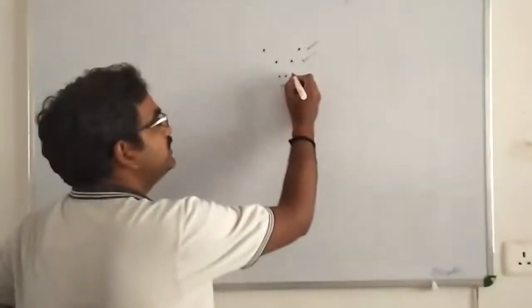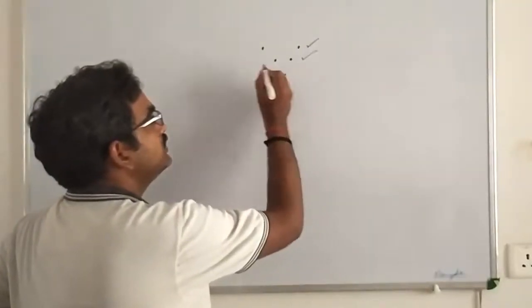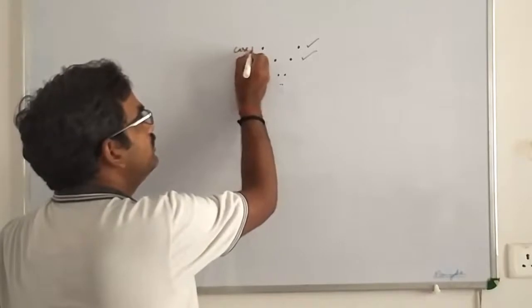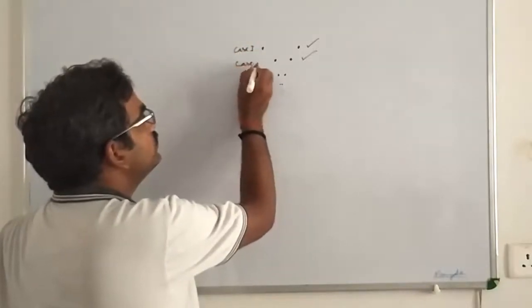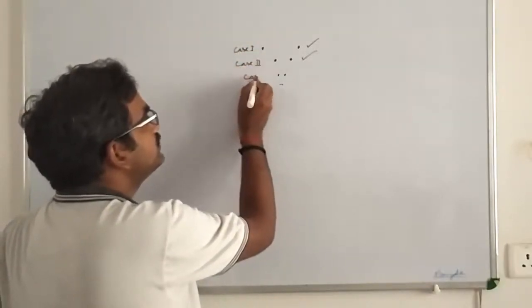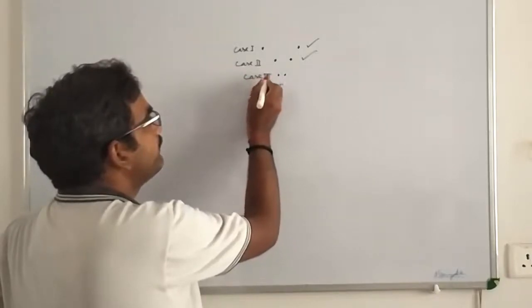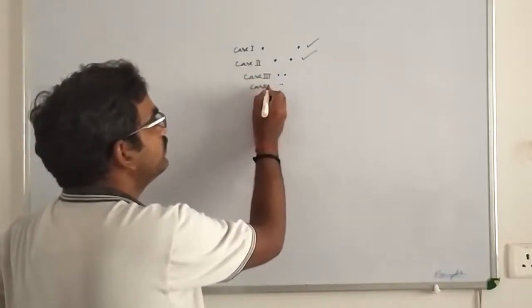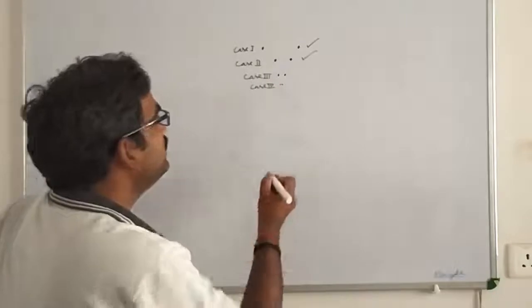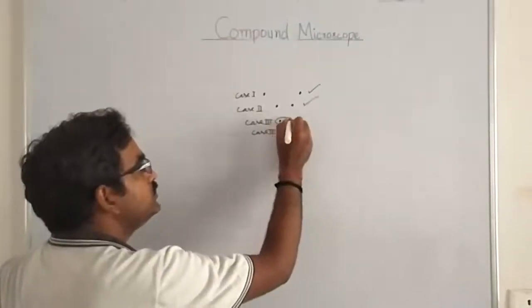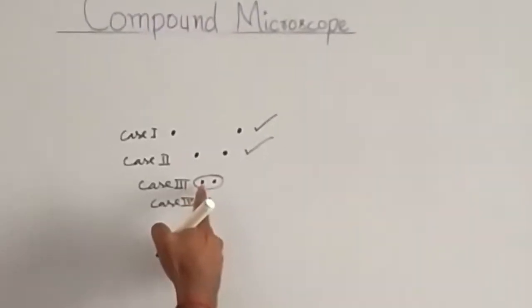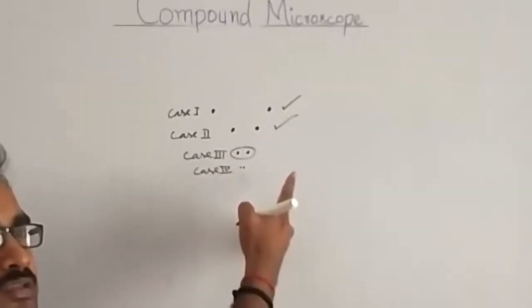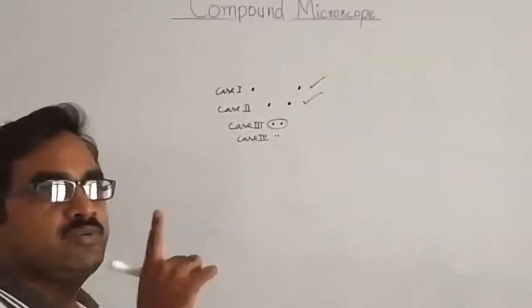But when I asked about the third case, case 1, case 2 and case 3, and this is case 4, he can't see these two dots distinctly through his left eye.